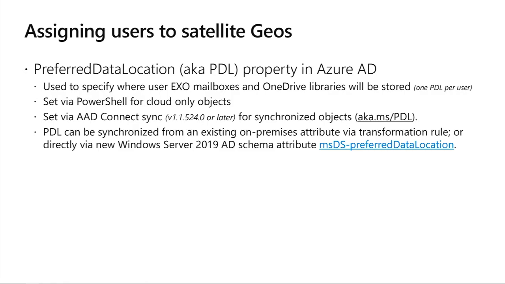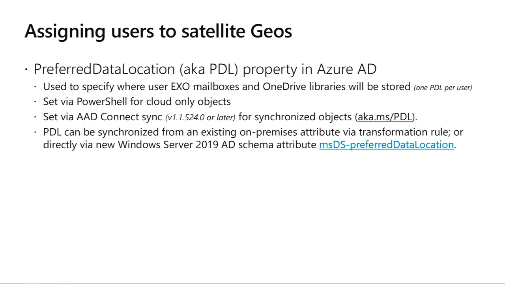And it was just recently added. Before, you had to choose a custom attribute of your choosing and use a transformation rule to say, hey, I want this attribute to sync into PDL in Azure AD. However, if you've deployed the Windows Server 2019 Active Directory schema, there is now the msDS-preferredDataLocation attribute that you can use. So you can just do a one-to-one mapping, and it's perfect.